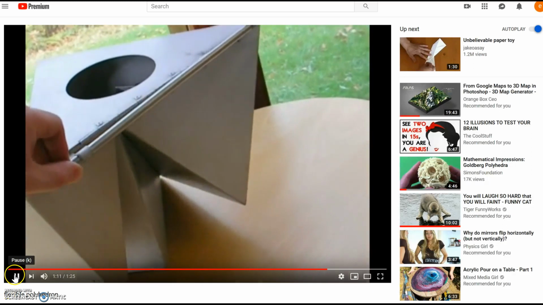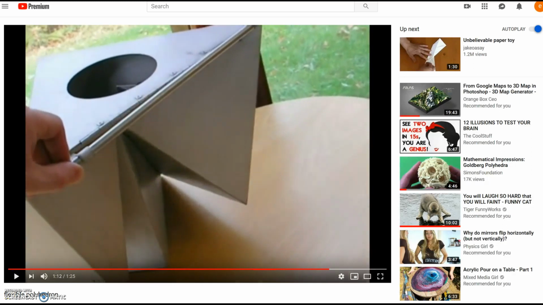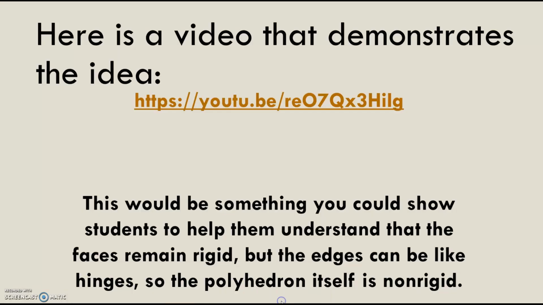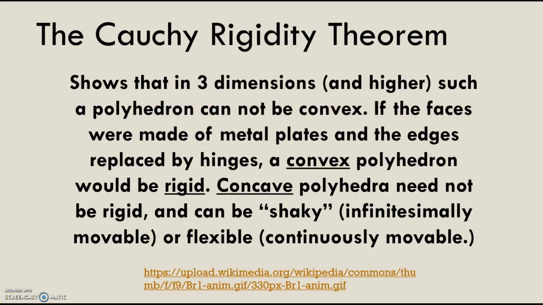I had a hard time kind of picturing what they were talking about until I found that video, so I thought it was really helpful and would be something you could show your students to help them understand what a flexible polyhedron is. And so the faces are rigid, the edges can be like hinges, so the polyhedron itself is non-rigid. It actually moves around.